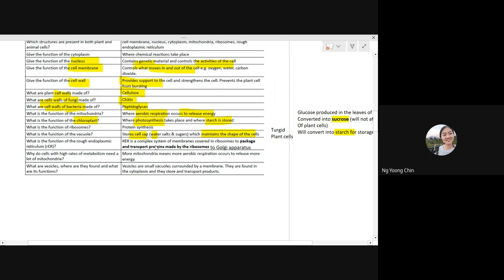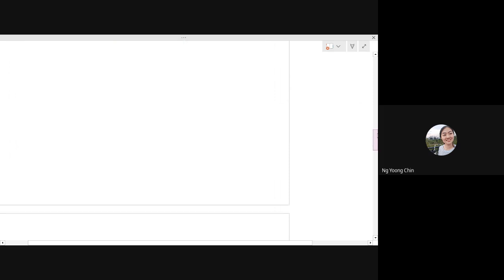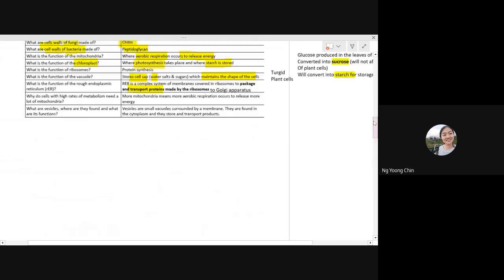So ER is just a membrane-bound system, together with the ribosome, because the endoplasmic reticulum is comprised of the rough ER and also the smooth ER, right? Rough ER just helps to transport protein only. Then the smooth ER helps with lipid synthesis. I told you before, right? Maybe I can write down here. You have the smooth ER. Smooth ER means that they don't have any ribosome attached on the surface.